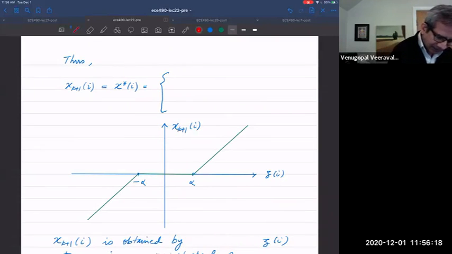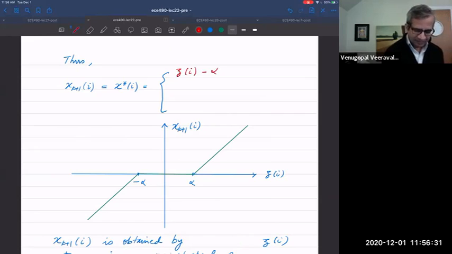So what does this look like? So xi star, which is basically xk plus 1, that's the definition of xk plus 1, the minimizer, so it's xi star.